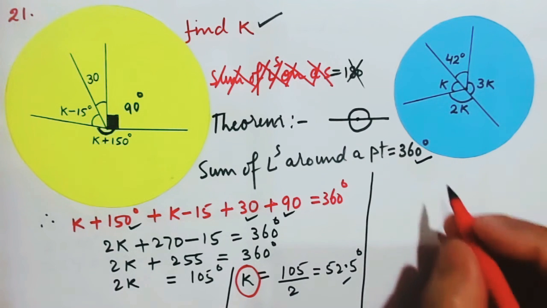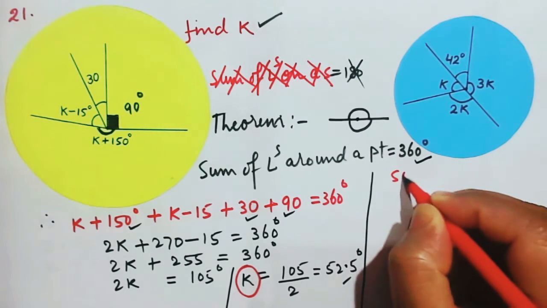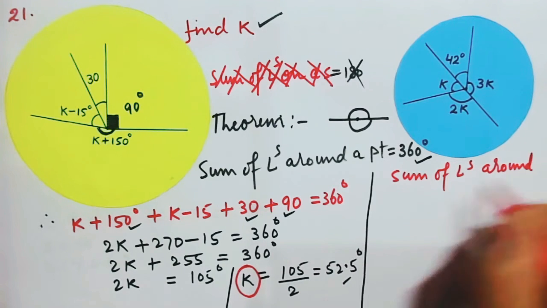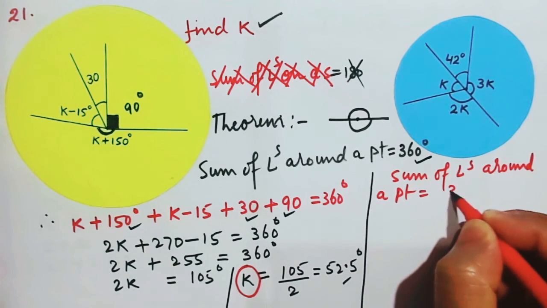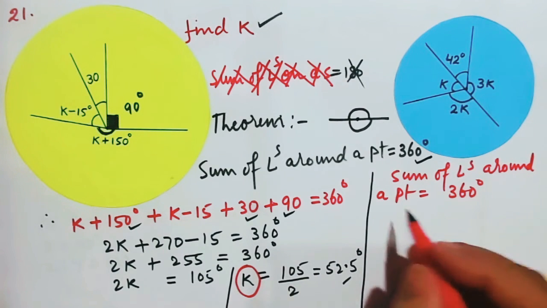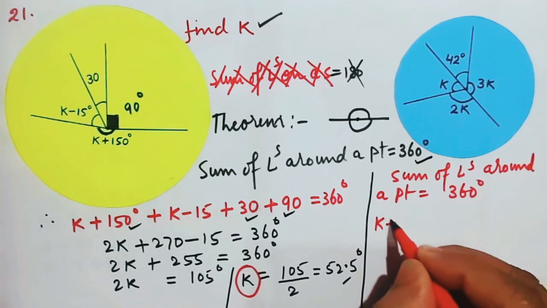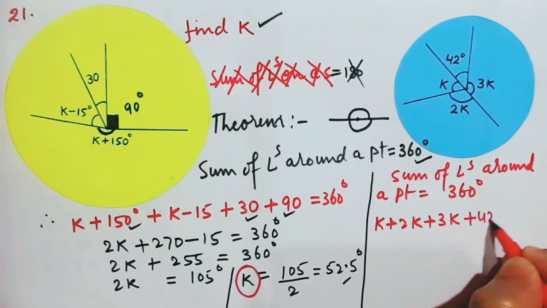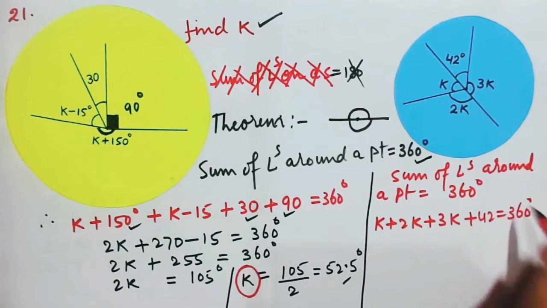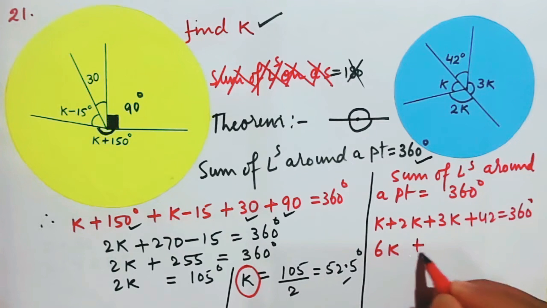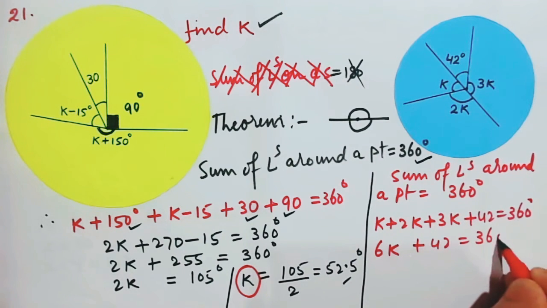Here also the same thing, sum of angles around a point is equal to 360 degree. Therefore, my dear, on adding k plus 2k plus 3k plus 42 is equal to 360 degree, or 6k plus 42 is equal to 360.